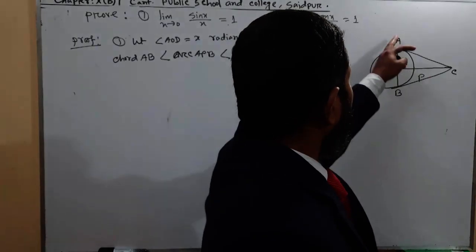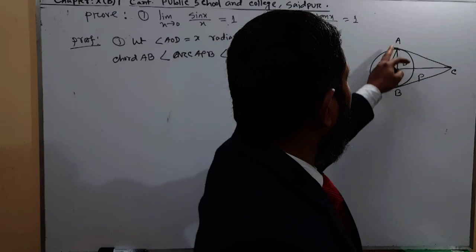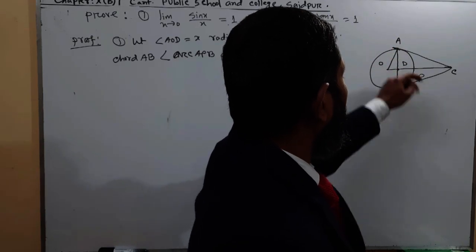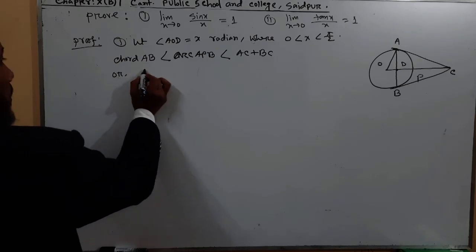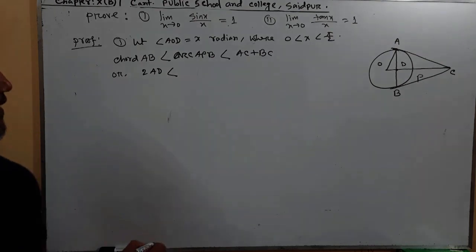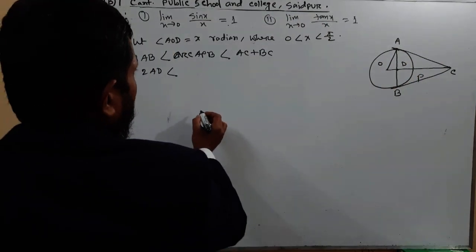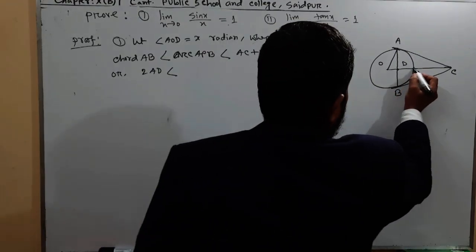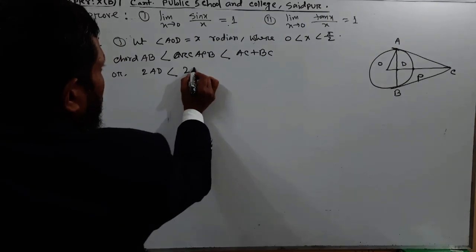Here OP bisects chord AB at D, so AD is equal to half of AB, that is AB is equal to twice AD, and arc APB will also be 2 AP.